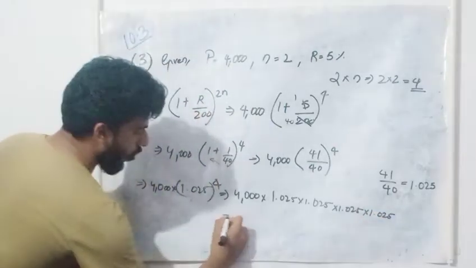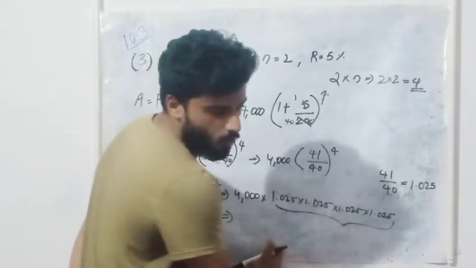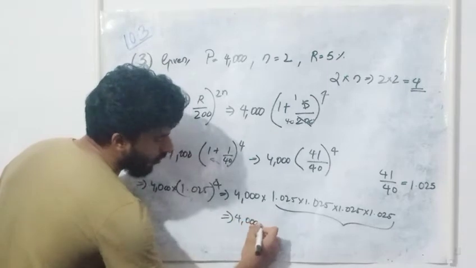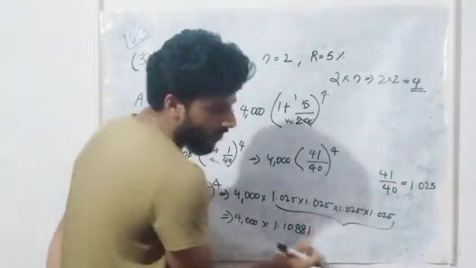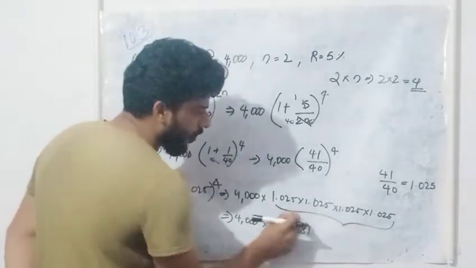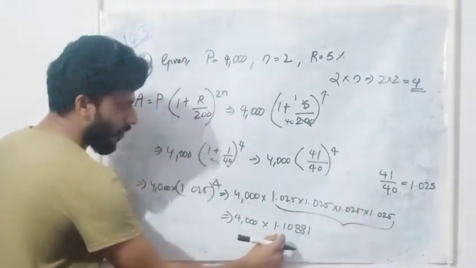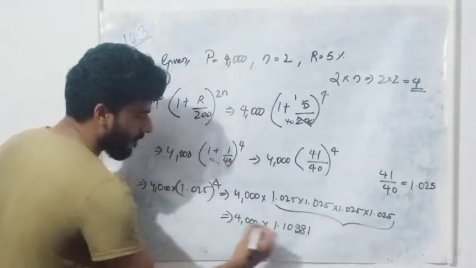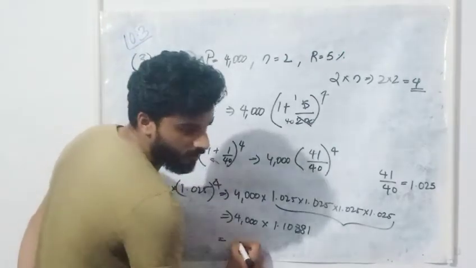On calculating this, our answer will be 1.10381. So 4,000 into 1.10381.